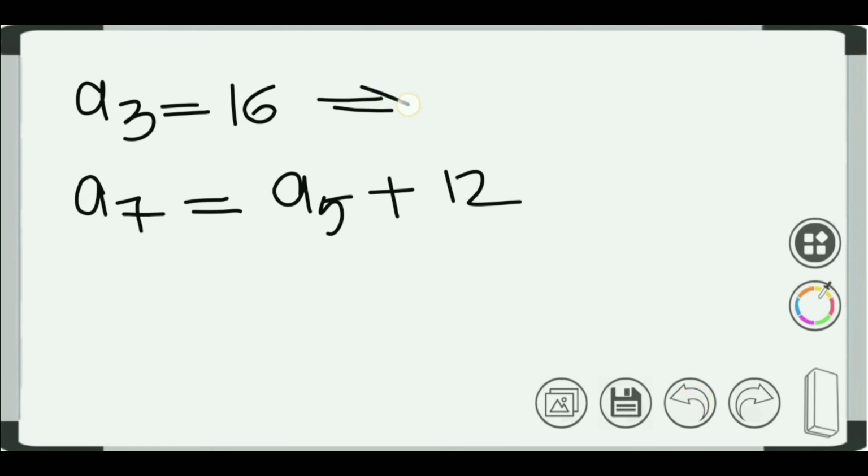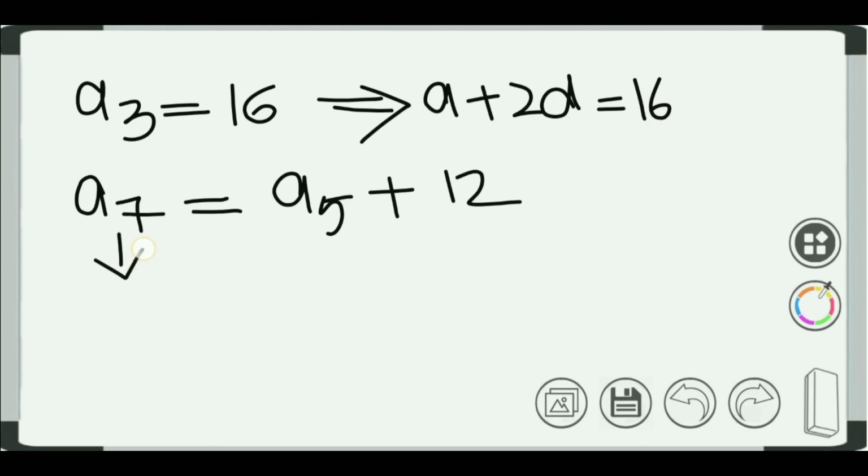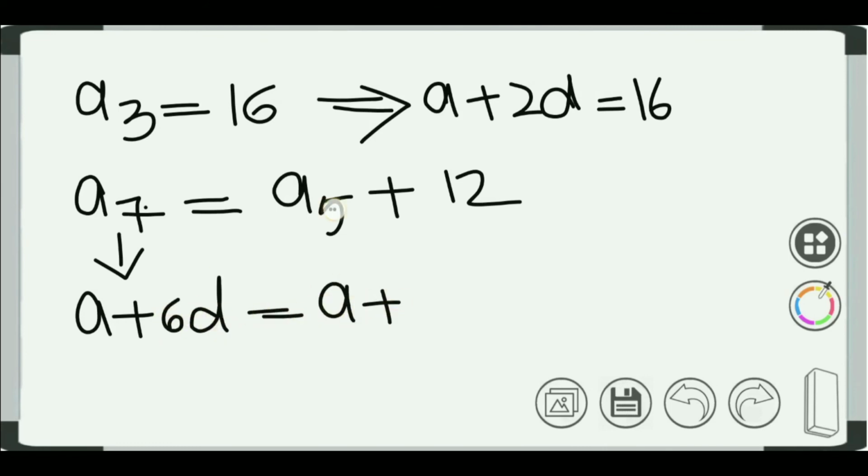See, A3 you can write as A plus (3 minus 1) into D. That is A plus 2D equal to 16. A7 you can write as A plus (7 minus 1) into D, that is A plus 6D, equal to A5, A plus (5 minus 1) into D, A plus 4D, plus 12. Now I am taking this A plus 4D this side.